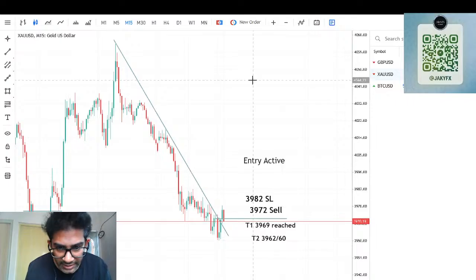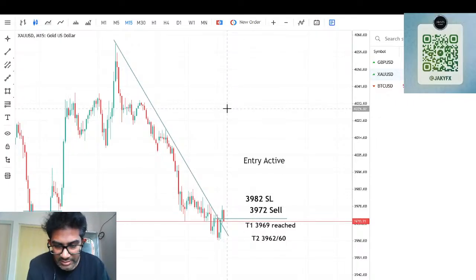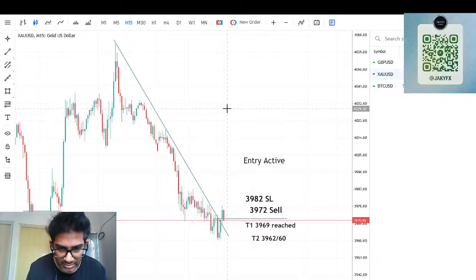Those who are still in the trade, the rate is still running at 3970, and if it comes to 3969, which is our first target, you have to book your profits, partial profits. So make sure you book your profits. It's at around 3970 now.